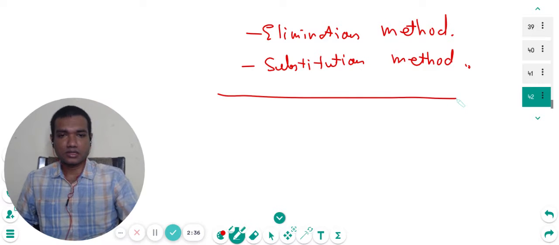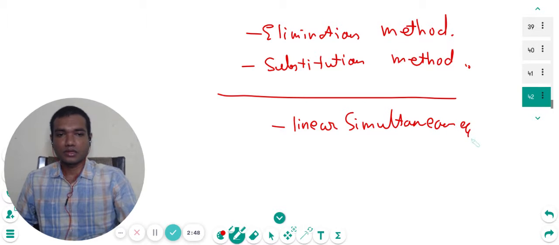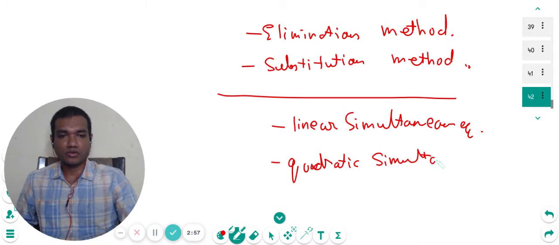Even when we talk about simultaneous equations, there are two more segregations. One is the linear simultaneous equation, and we also have the quadratic one. There could be higher powers, but this is what is in our syllabus.